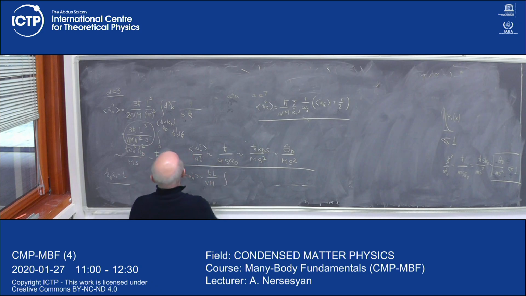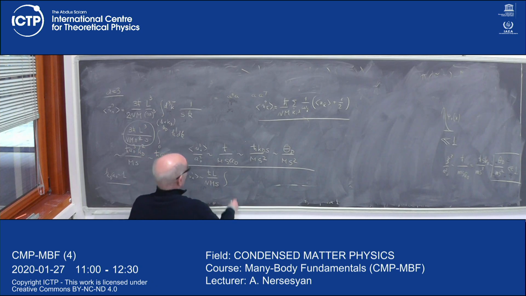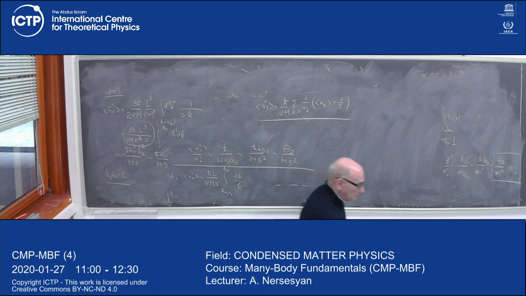And here I have 1 over S going out here and is present here. And this is the integral dk divided by k from the maximum value, which is kd. Let us temporarily write down the minimum value, although we are not so much aware of what is that.